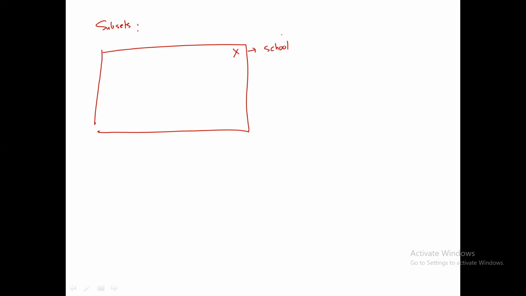What is a subset? Suppose X is the set of students of your school. That is X. And suppose in that you will have Y. Y is students in your class.